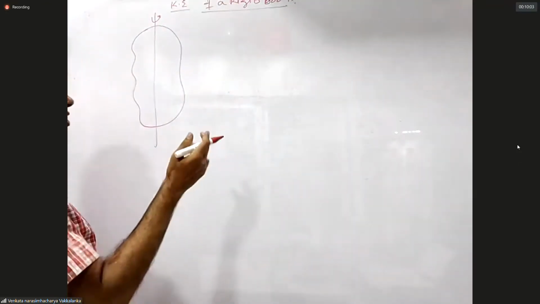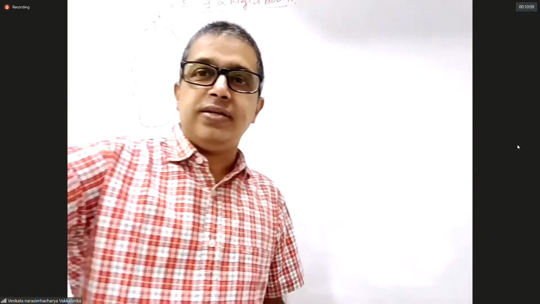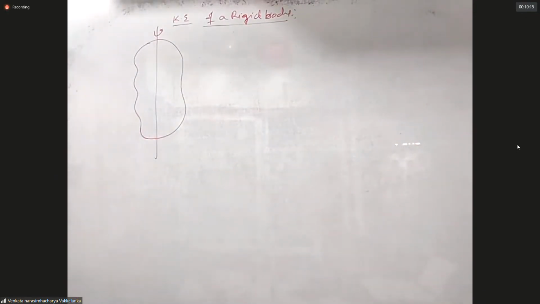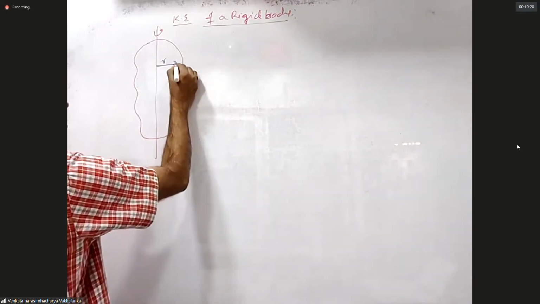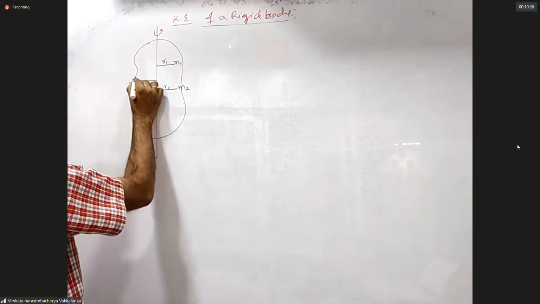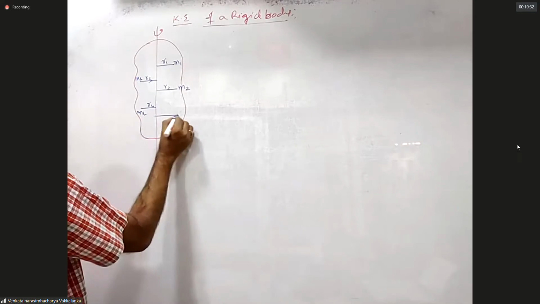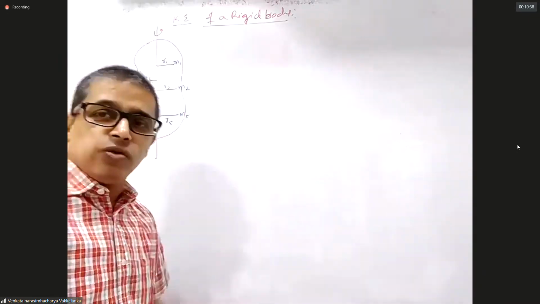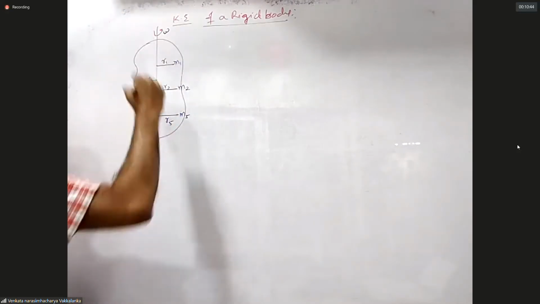Particle M1 is at a distance of R1, M2 at a distance of R2, M3 at R3, M4 at R4, M5 at R5, and so on up to Mn at a distance of Rn. The body is rotating with an angular velocity omega.